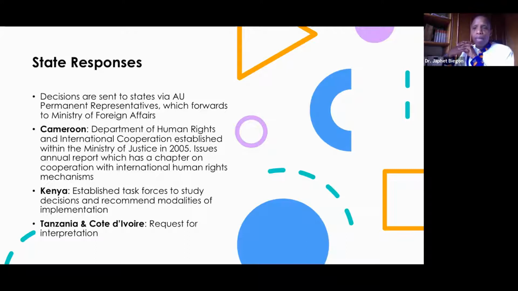And because the Ministry of Foreign Affairs is not really responsible for implementation of many of the cases, if not all, there is almost always a long process, such that momentum in terms of implementation is lost. And sometimes there is lack of communication between the Ministry of Foreign Affairs and the Ministry of Justice, and then between the Ministry of Justice and the other institutions that are responsible for implementing that decision.